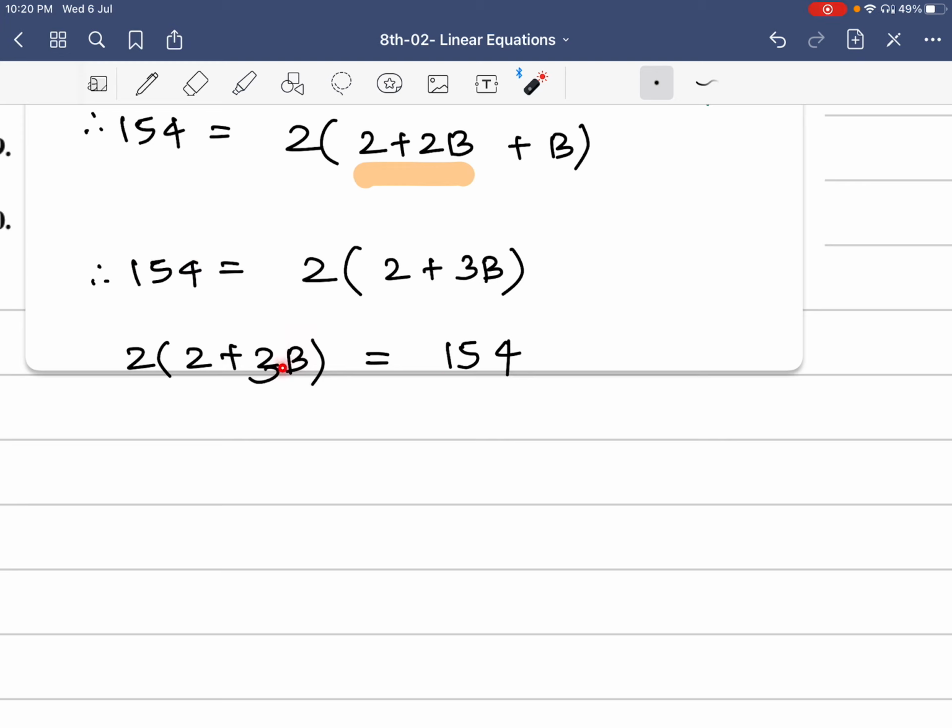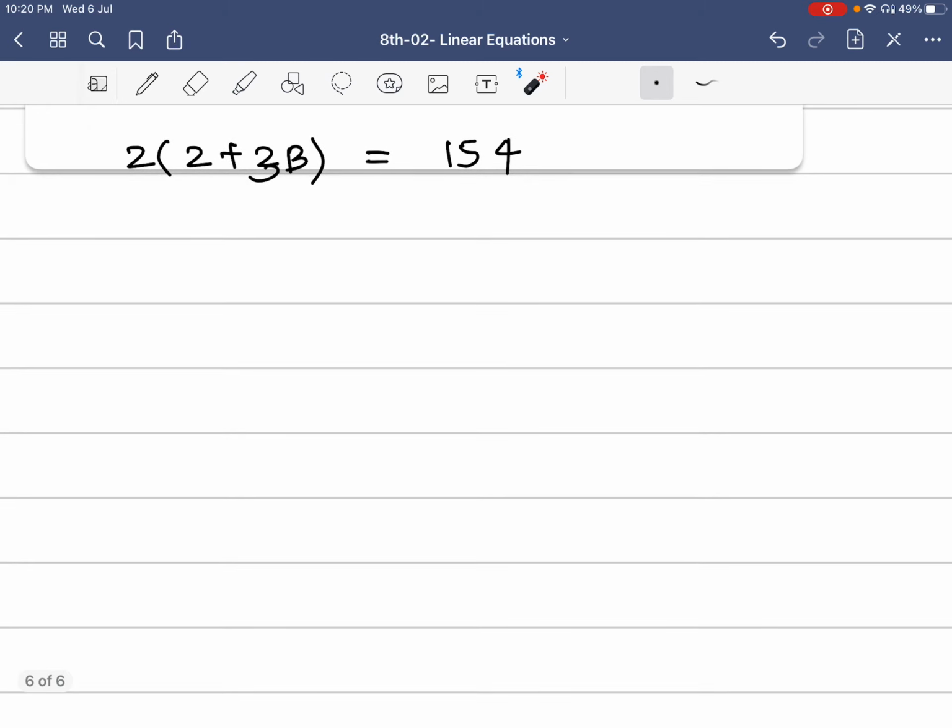Now we have this single variable on the left hand side, and we should get rid of all the numbers present on the left hand side, and thus we'll get the value of b. So this is our linear equation. Let's start solving it. The first thing that we do is divide the left hand side by 2 and divide the right hand side also by 2.